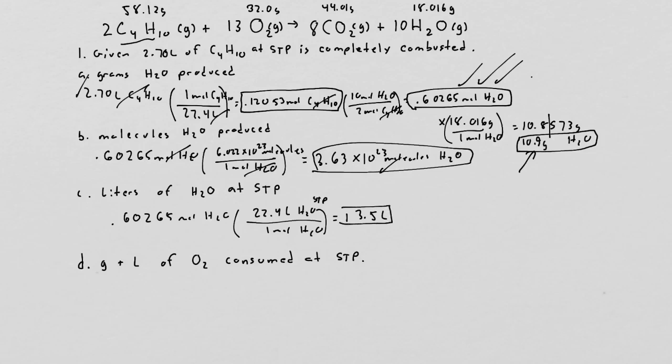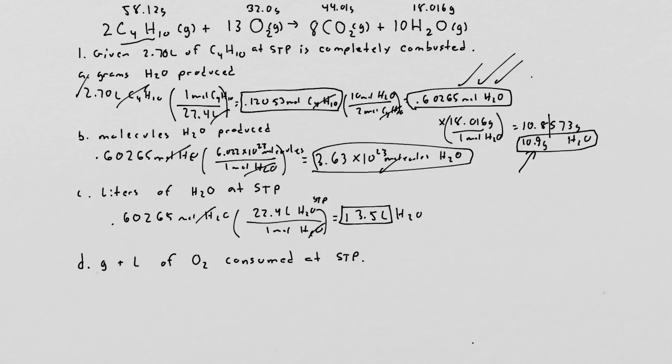Now, one of the things I want to show you here, for this one in particular, that's liters of H2O, is something really important to recognize. I don't have to go through a lot of work when I'm dealing with volume-to-volume problems. Because the volume of a mole is always 22.4 liters, the ratio of the volumes is the same as the ratio of moles.